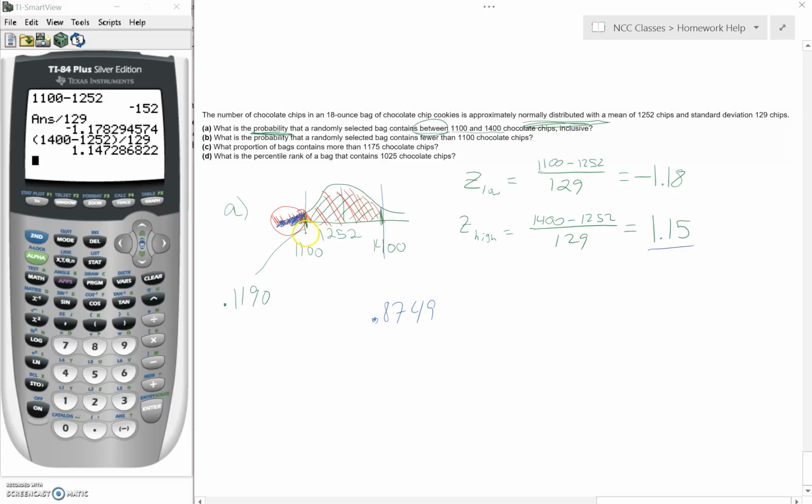So since this is included twice, we need to subtract it. We want just this area in here.